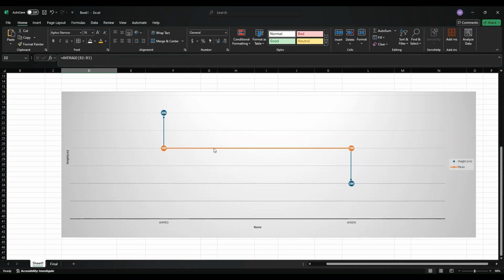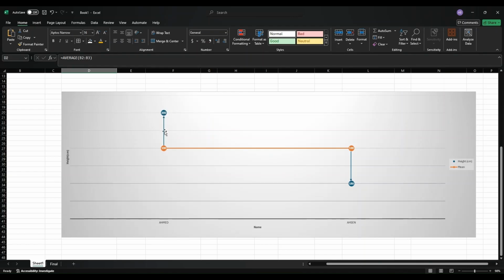I want to draw your attention to this graph. The orange line basically represents the average or the mean, which is 190 centimeters. Now, these blue dots represent each of their heights, 200 and 180. So, to start our journey in calculating the standard deviation, to basically gauge the fluctuation in height, we want to get the distance of each individual's height from the mean.